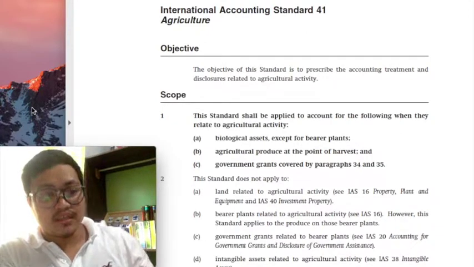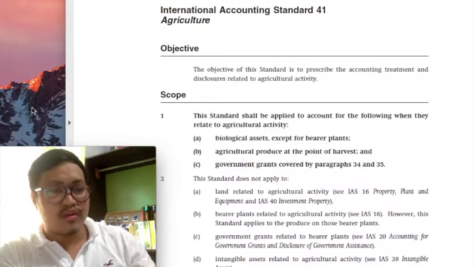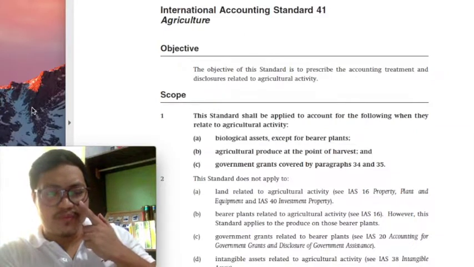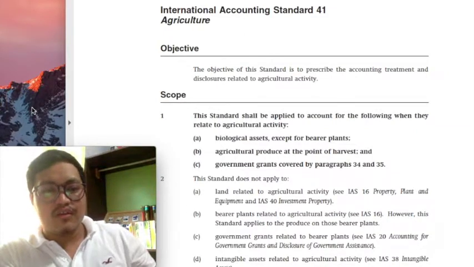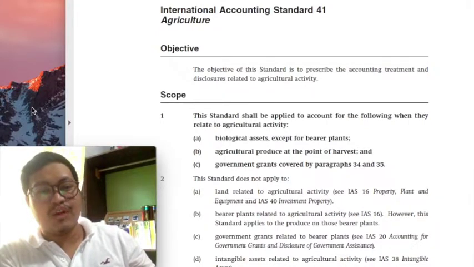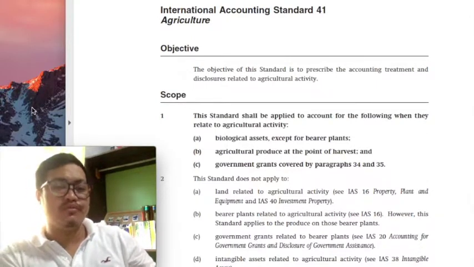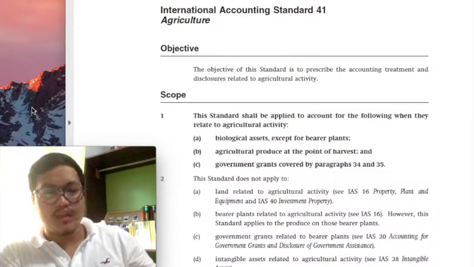PAS 20 is the standard that applies to government grants in general, class. So there's really no need to specifically exclude or provide a separate provision for government grants for biological assets because the rules there conform to the rules provided in PAS 20.